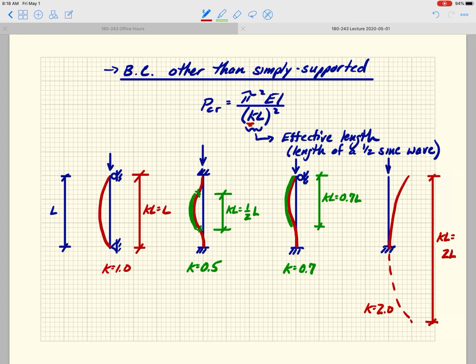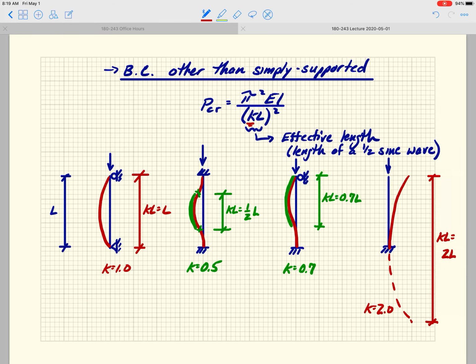The propped cantilever, so roller fixed, that's 0.7. And then if it's just a cantilever beam, it's 2.0. So if you identify the length over which a half sine wave will occur, then you can go ahead and compute the buckling load regardless of the boundary conditions, right?